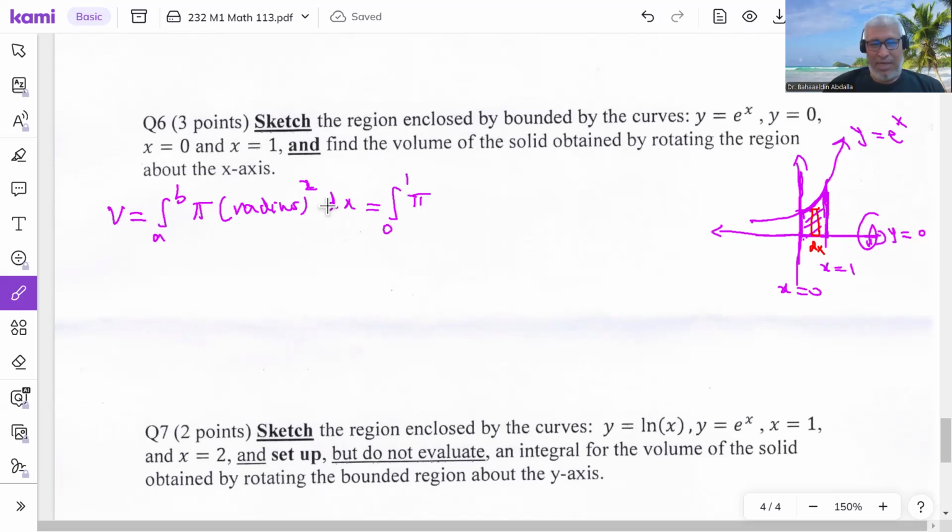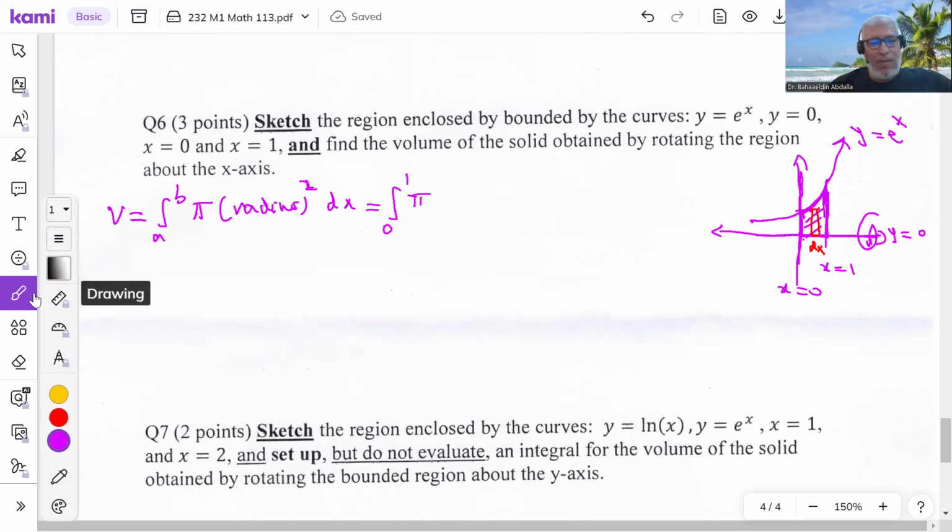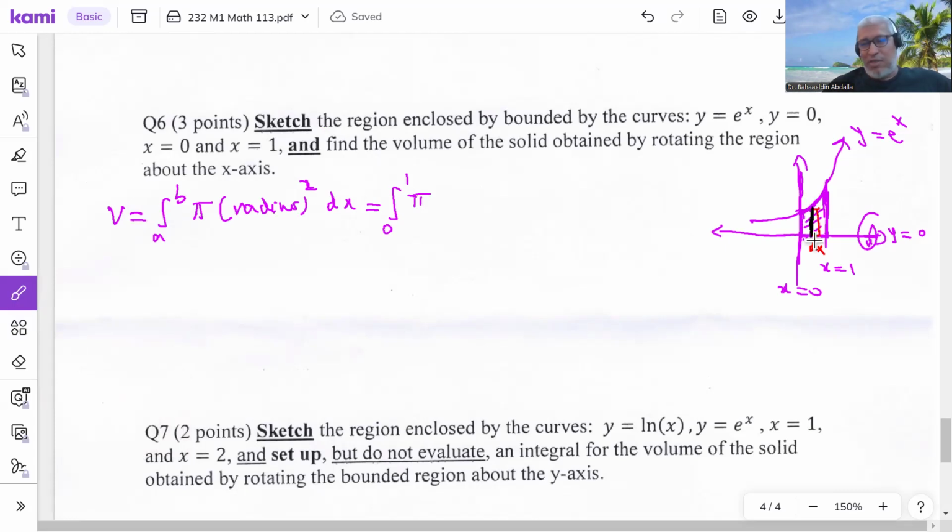What is the radius of the disk? Well, the radius is the distance from the axis of rotation to the curve. When you rotate, this is the radius. So what is this distance, this vertical blue one? It is from 0 to e^x.